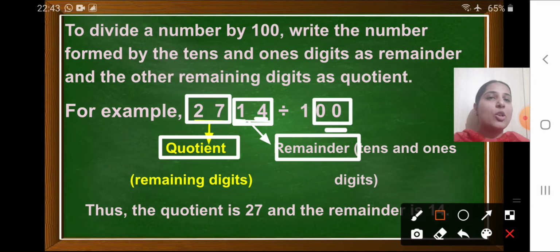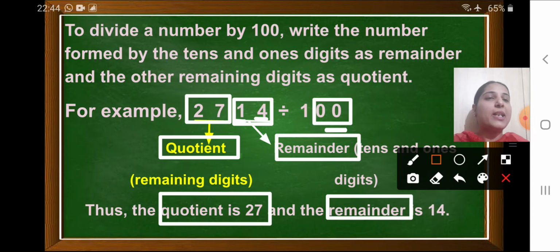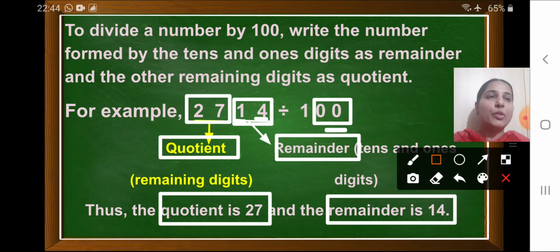So in this question, the quotient is 27 and the remainder is 14.